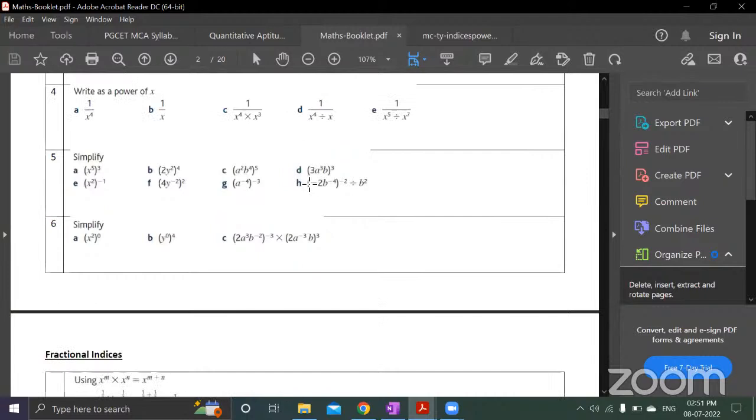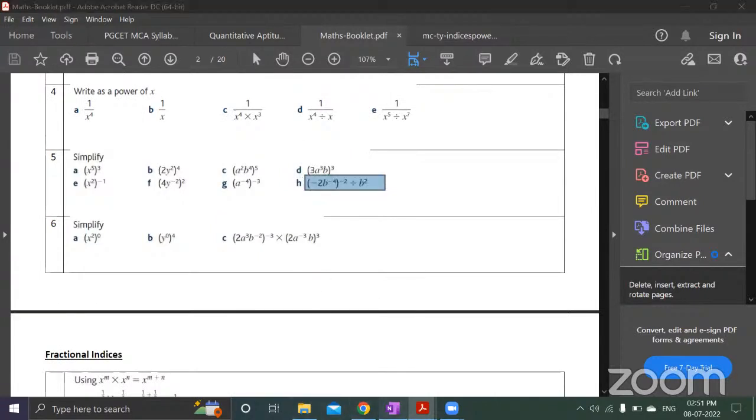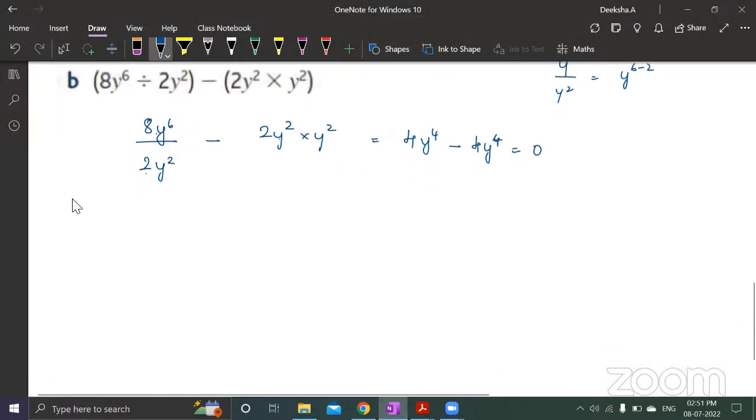Give me the answer for this one, or let me solve this because it has negative numbers, and then I'll give you the next question to solve. See here, minus 2 b power minus 4 whole power minus 2 divided by b square. Always have an order in which you are going to simplify this.